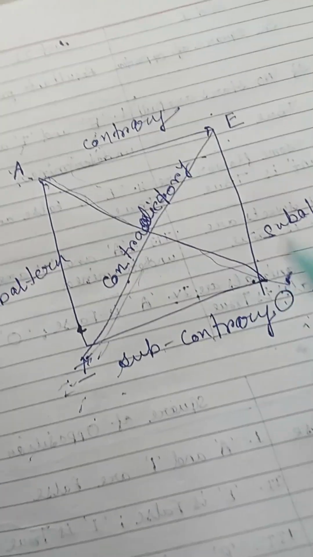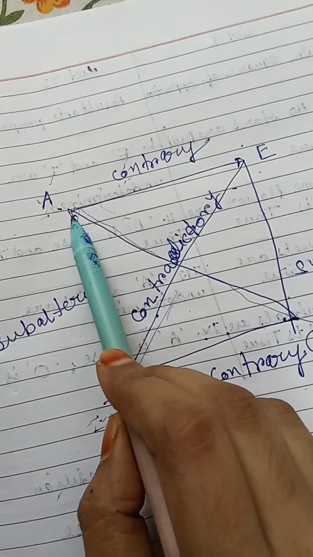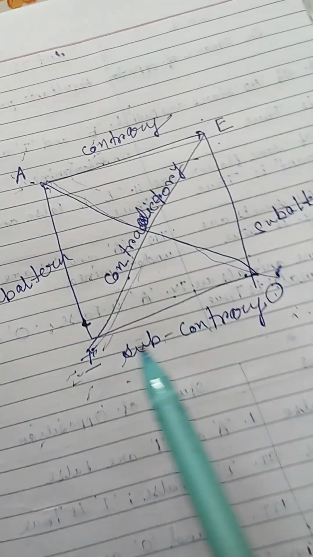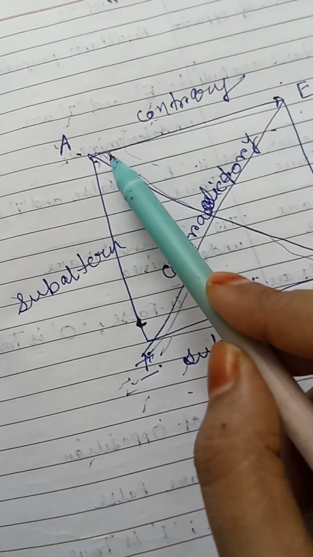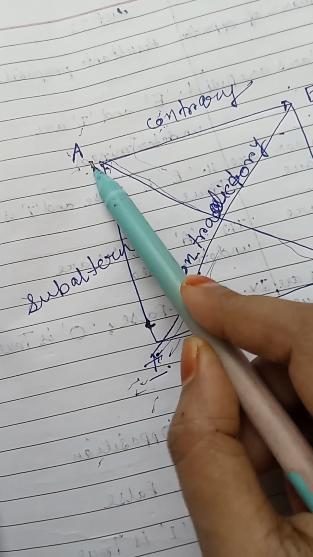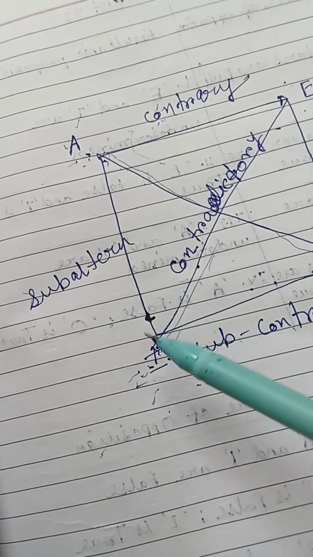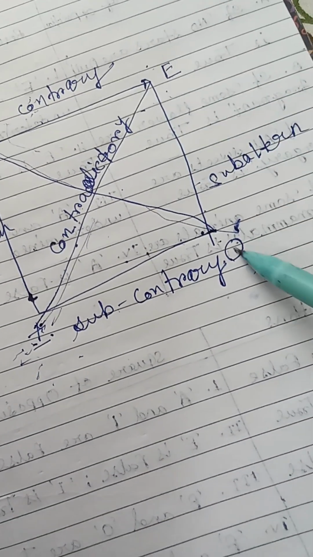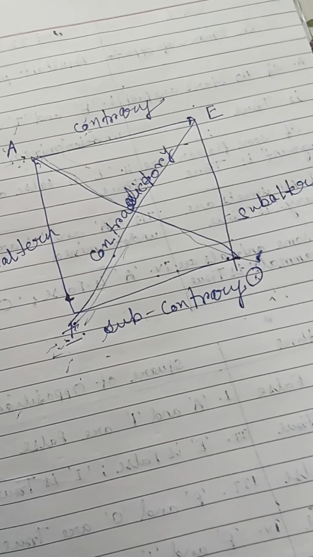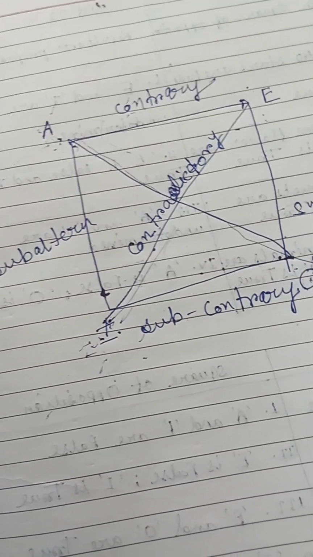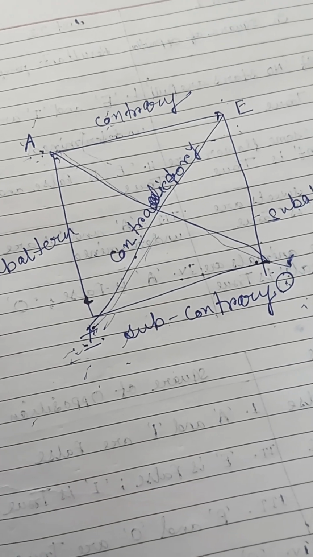Just I'm telling the simple one: if it is true, it will be false; if it is true, it will be true; if it is false, it will be false. One day I will make a video on the true and false rules, but today my intention is something else.